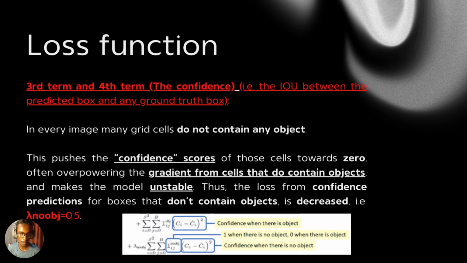So we also introduced a lambda parameter, lambda no obj, which is going to be 0.5. And this value is just picked by the authors. So if you think no obj is very important, you give a high lambda value. If you don't think it's important, you give a very low value, which in this case is 0.5.